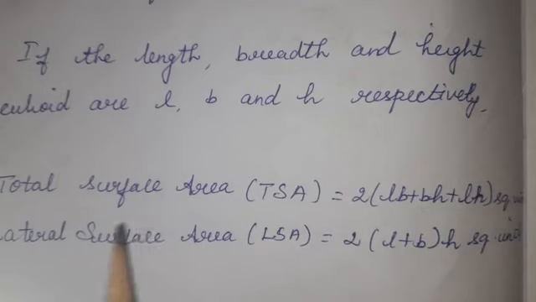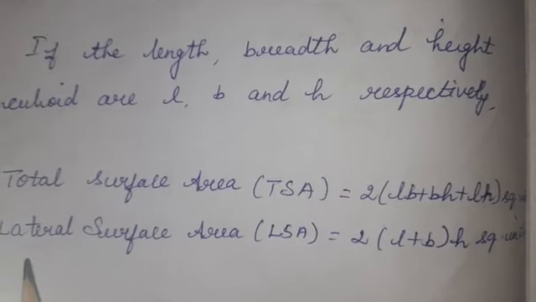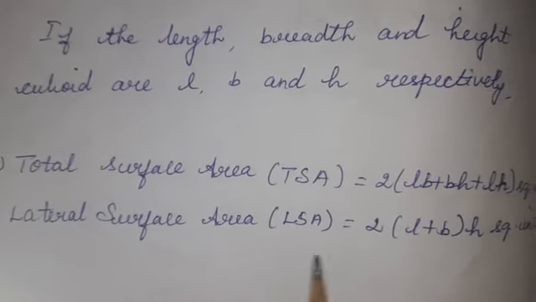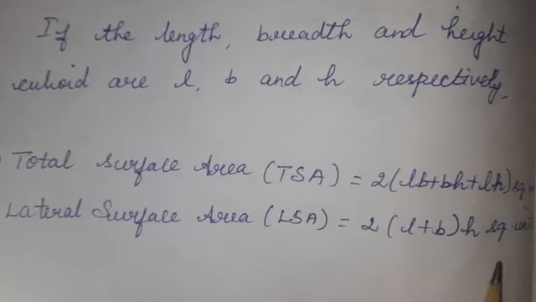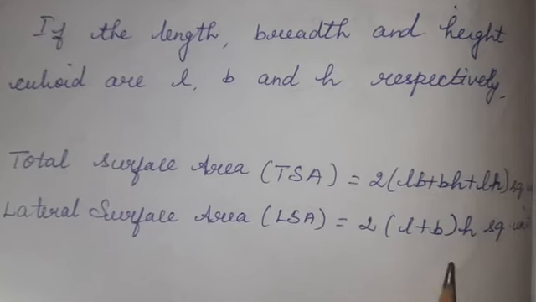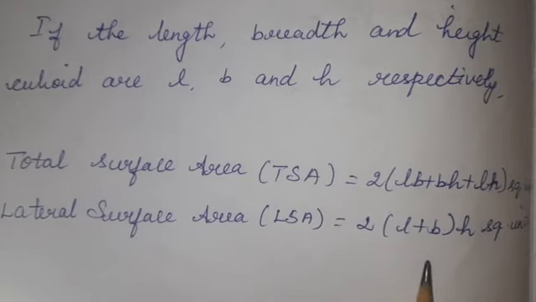Lateral means we should include the outer area fully in a cuboid. Next formula is lateral surface area, that is LSA. The formula is 2 into (L plus B) H square units. We have to leave out the top and bottom of the cuboid. The remaining part should be included. That is called LSA.